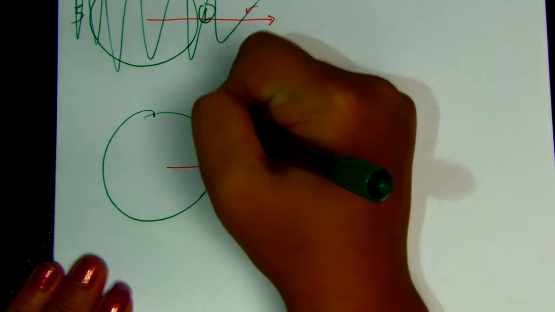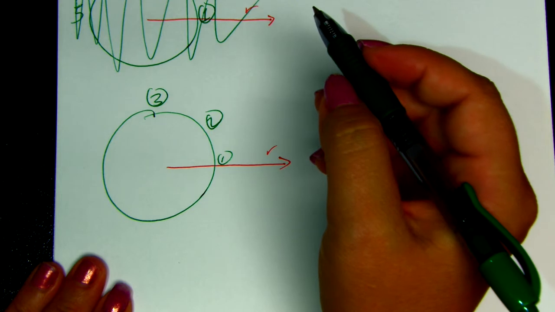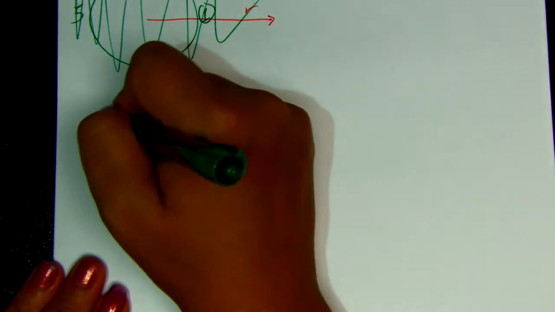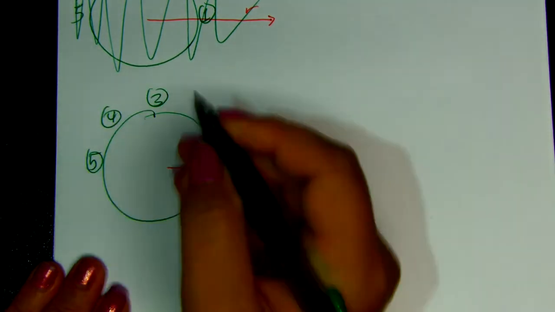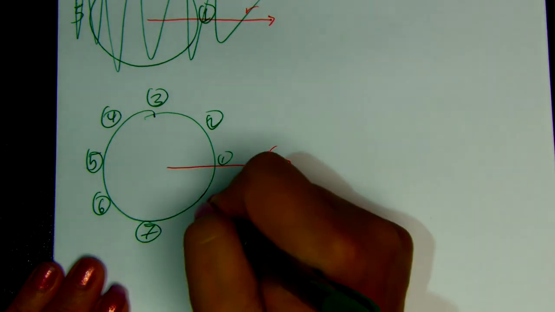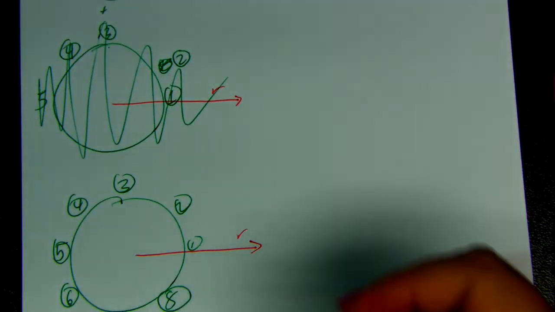Okay, 1, 2, 3. I keep adding more slices than I mean to. Okay, fine. 4, 5, 6, 7, 8. Okay, so let's think about all these contributions.